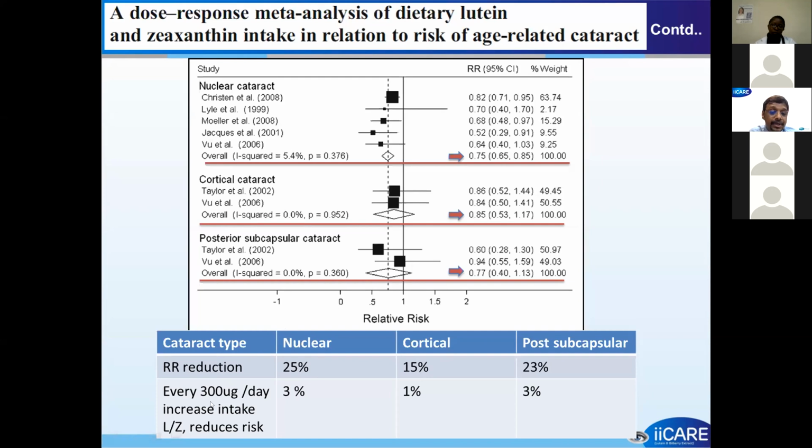And if we see the dose response in terms of risk reduction for lutein, every 300 microgram per day helps to decrease nuclear cataract by 3%, cortical cataract by 1%, and post subcapsular cataract by 3%.